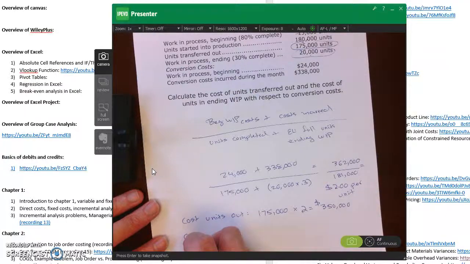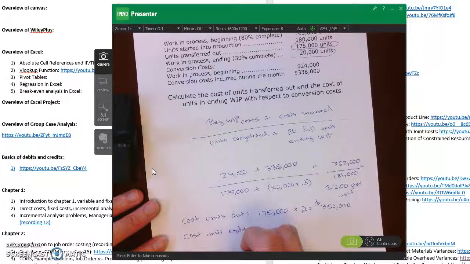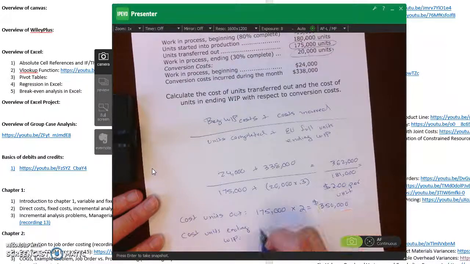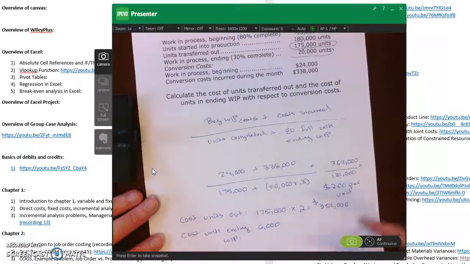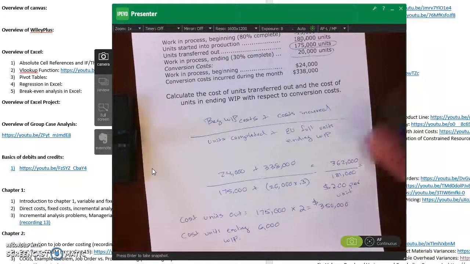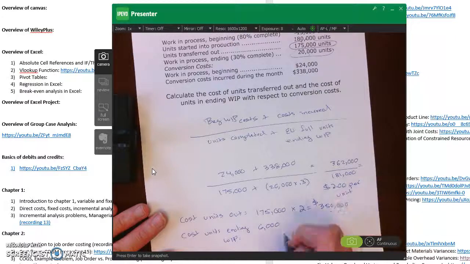And then the cost of units in ending WIP would be equal to our 6,000 equivalent full units in ending WIP with respect to conversion, or if we had materials, you'd also have to do this for materials, times the cost per unit.